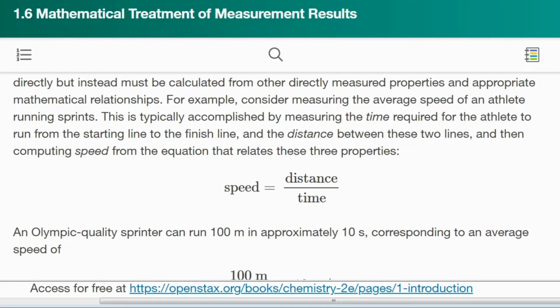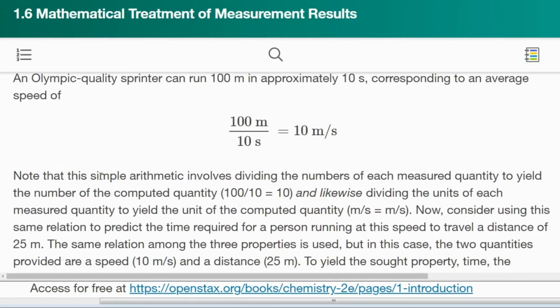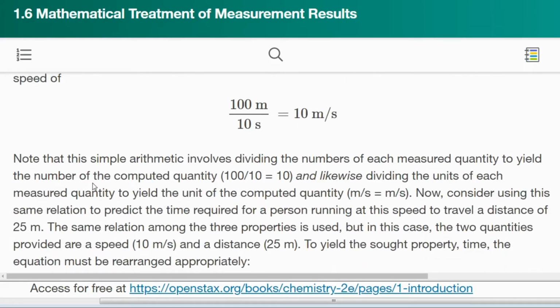An Olympic quality sprinter can run 100 meters in approximately 10 seconds, corresponding to an average speed of 10 meters per second, or 100 meters divided by 10 seconds. Note that this simple arithmetic involves dividing the numbers of each measured quantity to yield the number of the computed quantity. 100 divided by 10 equals 10.